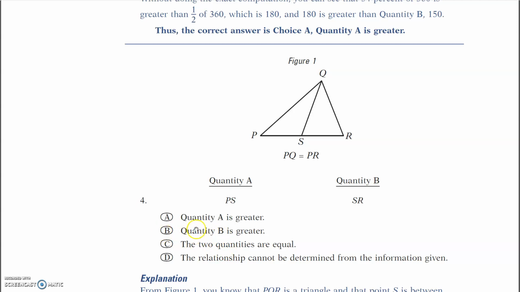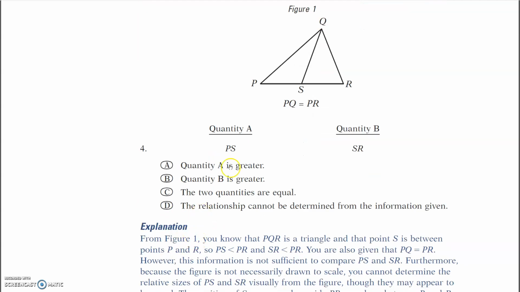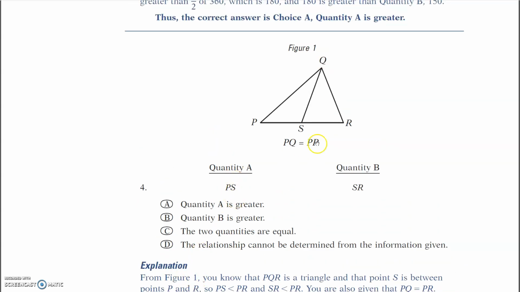Now, PS, this place, and SR, the distance. It looks like they are equal, like PS equals SR. No, it looks like that, but it might be different. PS might actually be greater than SR, and SR can be greater than PS.